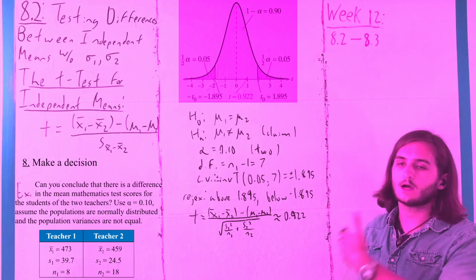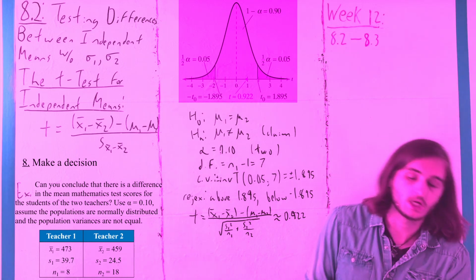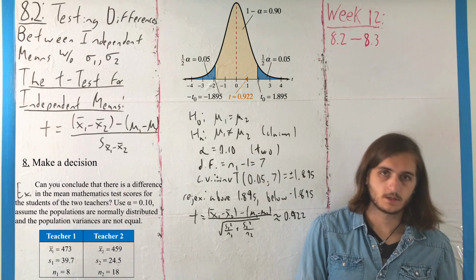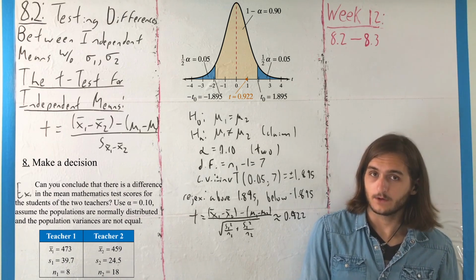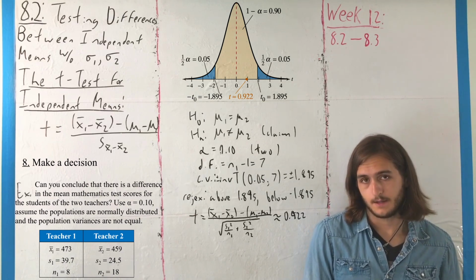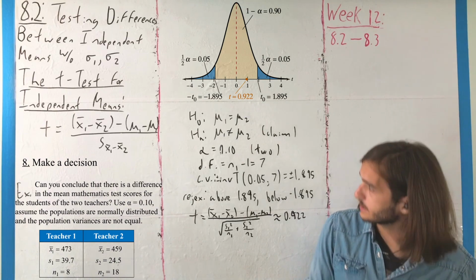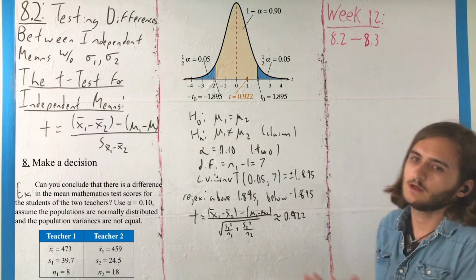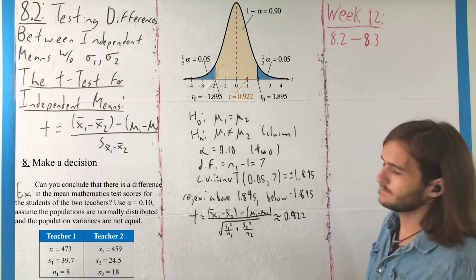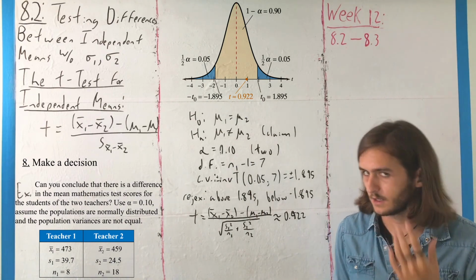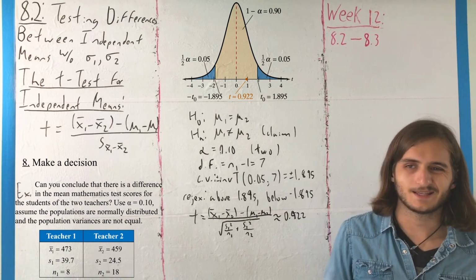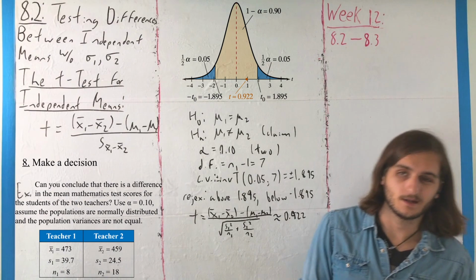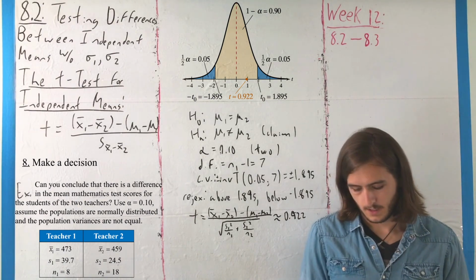That is, it is in the non-rejection region. As a result, we would fail to reject our null hypothesis. We would not reject the statement that these two are equal, even though technically speaking they're not the same. It's just that for our purposes they're close enough that we think that can come down to random chance, and it's not quite enough to say that there's something definitely incorrect about that assumption.